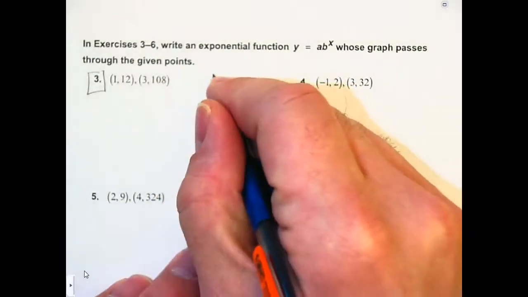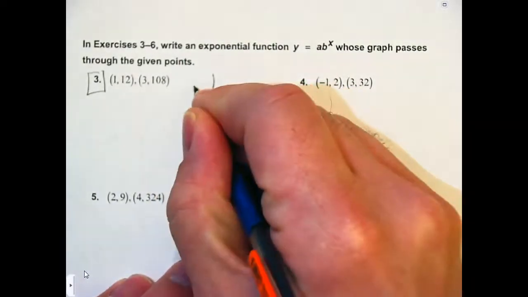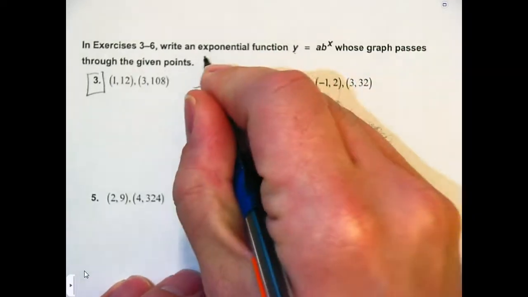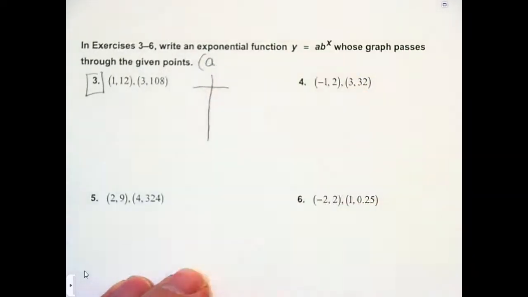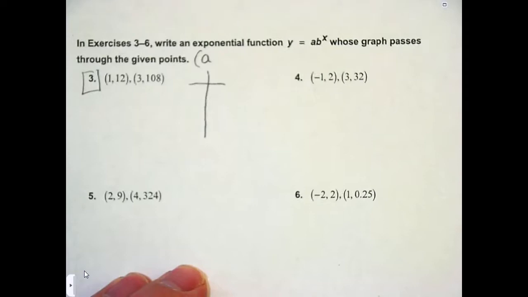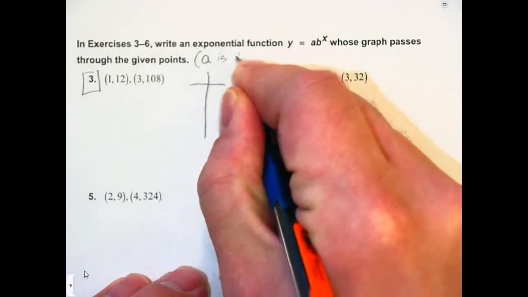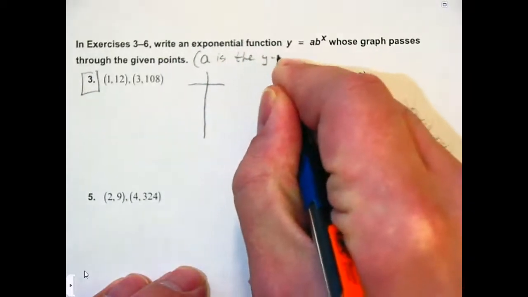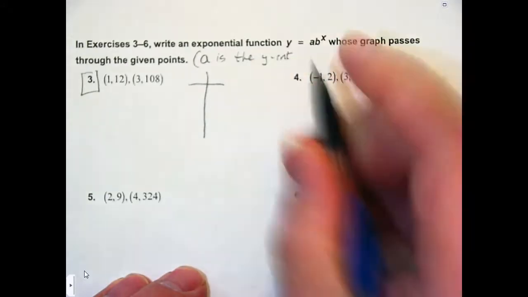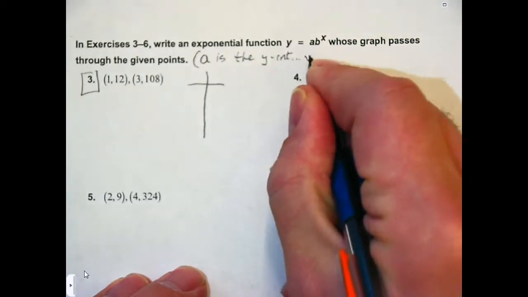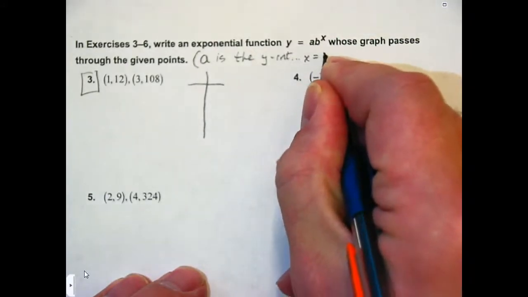All right. How about if we did this? Well, first let's focus in on a few things. What is A? A is your y-intercept. It's when x equals 0.